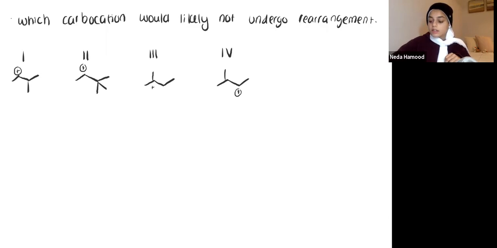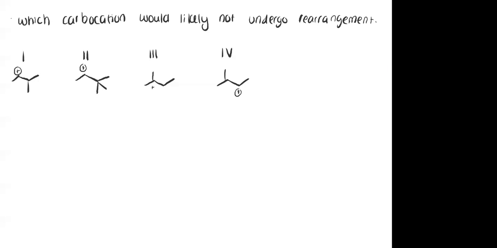Jordan already knows that the answer is 3. Jordan, do you want to turn your mic on and explain it to us? Okay, because it's already a tertiary carbocation, it can't become more stable, and there's nothing around it that would make it more stable.